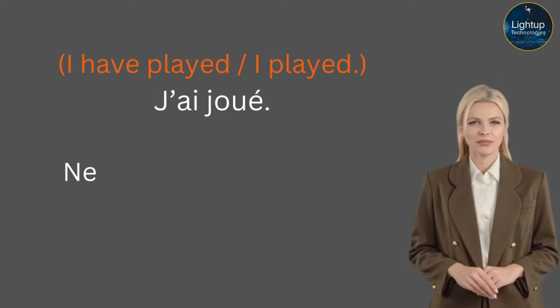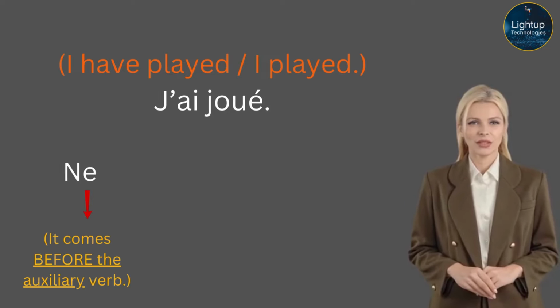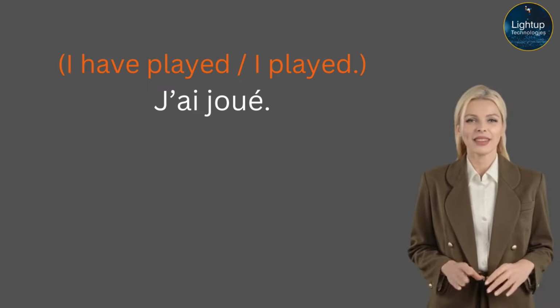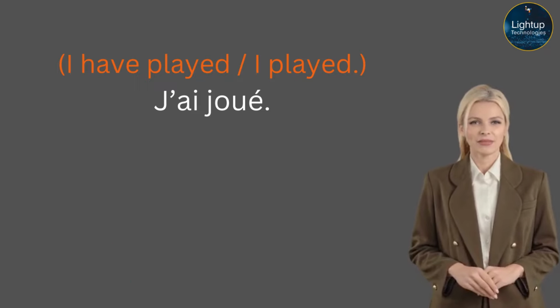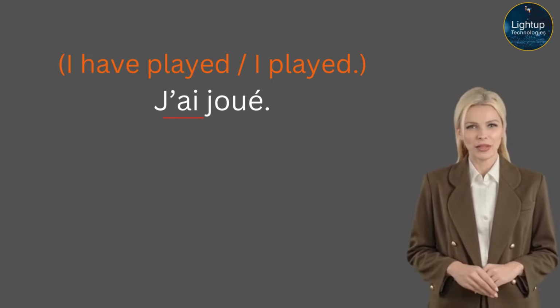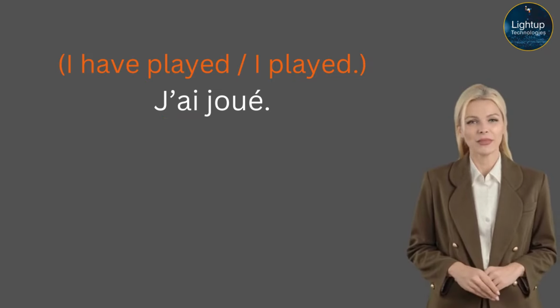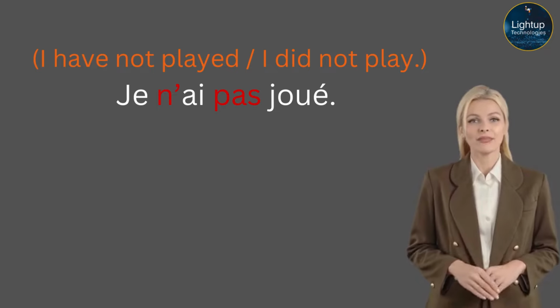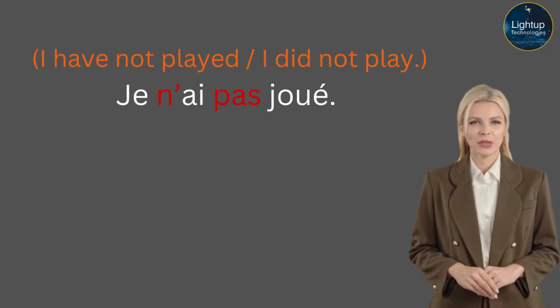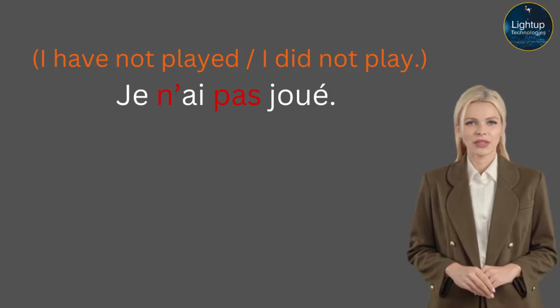Ne comes before the auxiliary verb and pas comes after the auxiliary verb. In that case, j'ai, the auxiliary verb is ai. So you put ne before it, and it becomes I have not played or I did not play. Je n'ai pas joué.